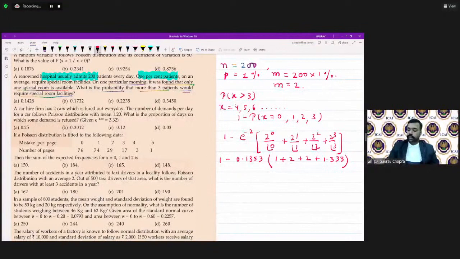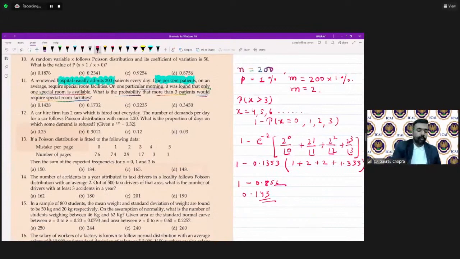So 1 minus 0.8 something, and we are getting the final answer as 0.143. That is option number A. So in this way, we can solve the question.